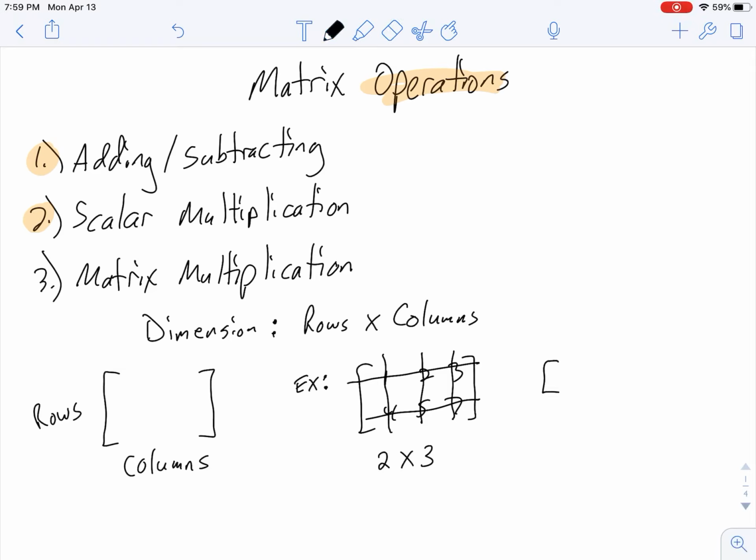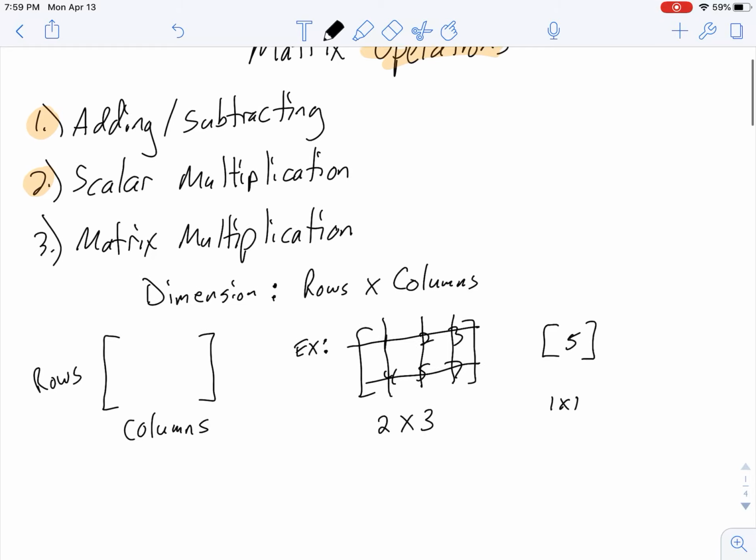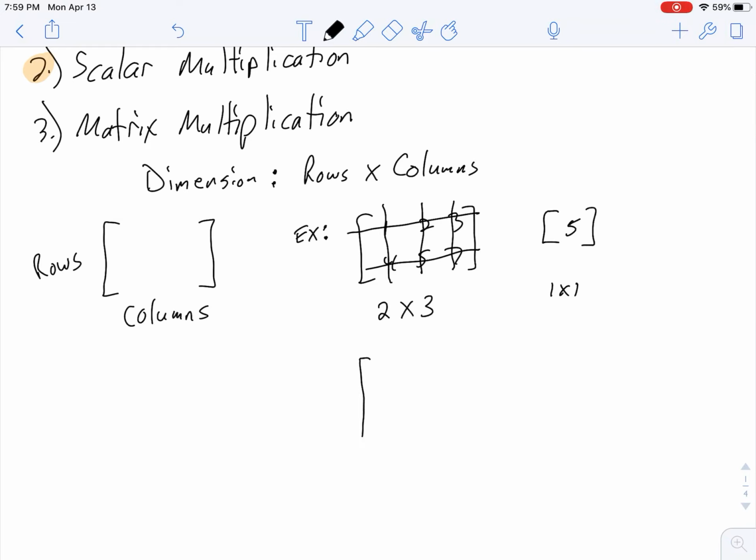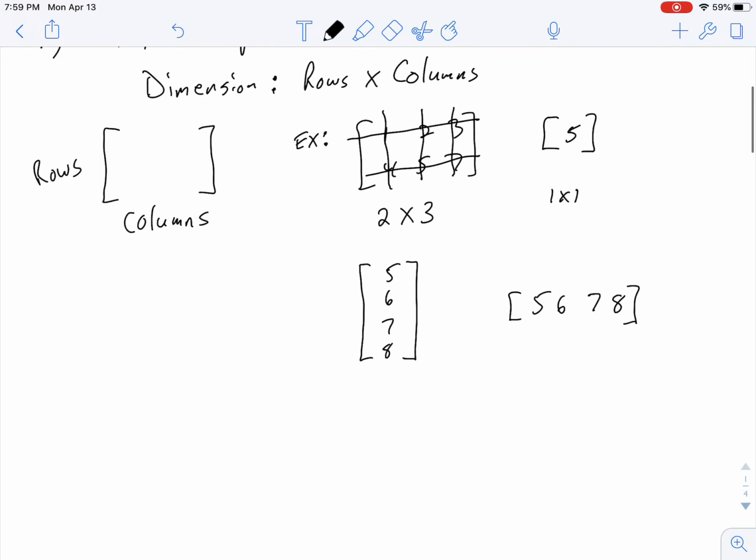All right, let's look at this example. Yes, that is a matrix. That is a 1 by 1 matrix. This matrix, 5, 6, 7, 8, and this matrix, 5, 6, 7, 8, are not the same. They do not have the same dimension. This is a 4 by 1 matrix, 4 rows, 1 column, and this is a 1 by 4 matrix, 1 row, 4 columns.